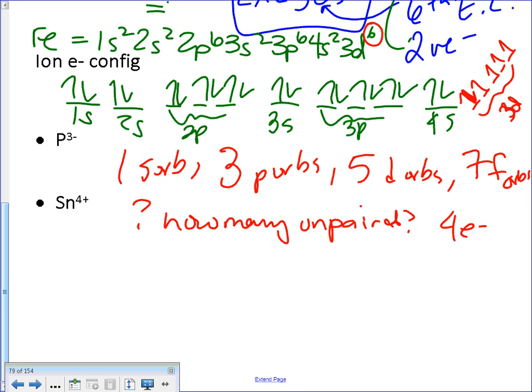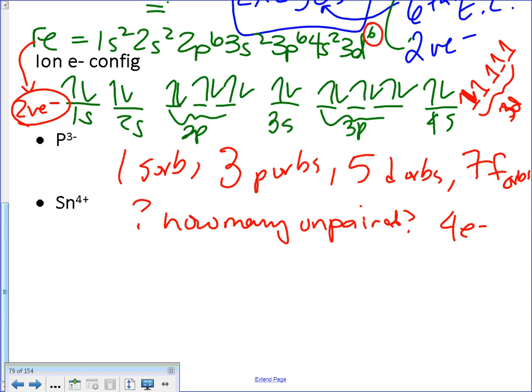Okay, let's go back. What is the valence shell? What is the valence energy level? 4. You see it goes 1, 2, 3, 4, 3. 4 is still the highest energy level. How many electrons are there? 2. So iron, in this example, has 2 valence electrons, simply because the 4th energy level has 2 in it.